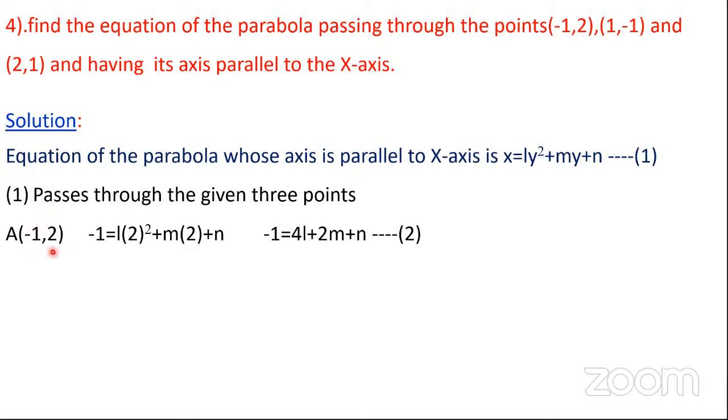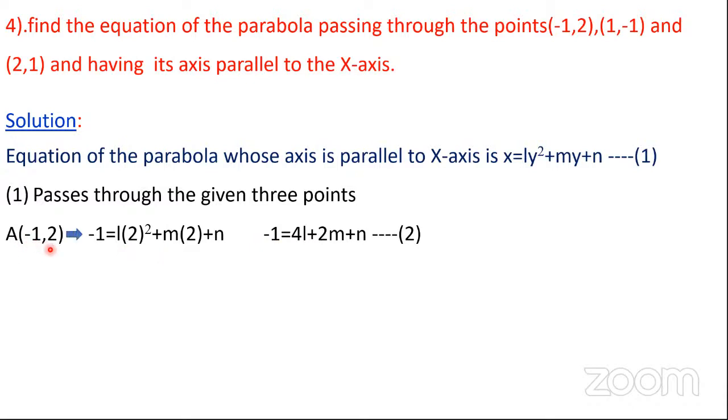In y place, we have to substitute 2. Therefore, it is minus 1 equal to L into 2 square plus m into 2 plus n. Simplify and arrange them in order of L, m, n on the right hand side and the constant on the left hand side. This is all about the first point A, minus 1, 2.